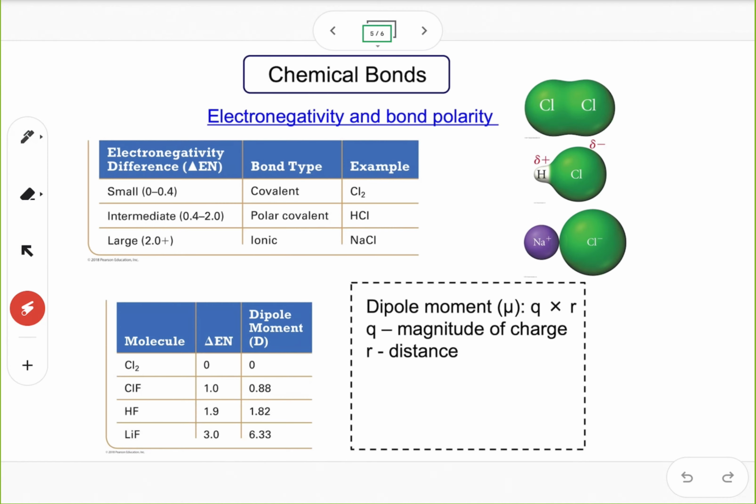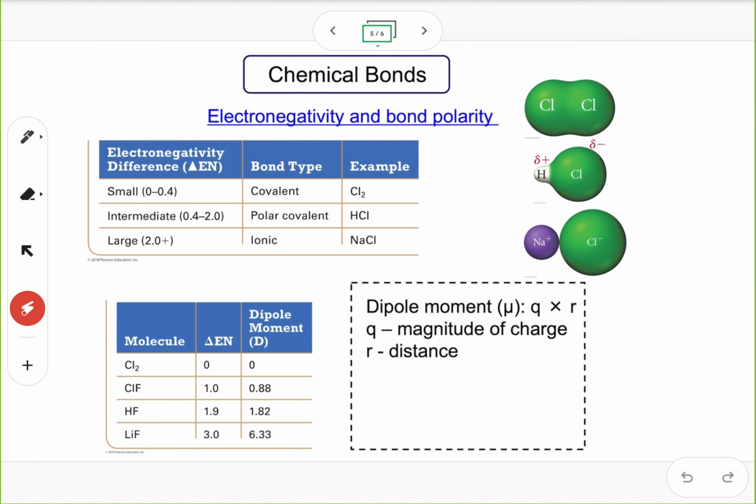Okay, if the electronegativity difference is above 2.0, then that means the electrons will be transferred from one atom to another atom completely. Okay, so they are not going to share electrons anymore, because the element with higher electronegativity will just grab the electron from the atom with less electronegativity completely.